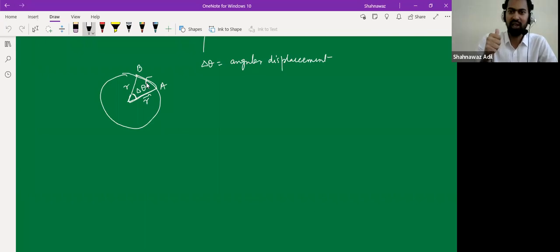The direction that your thumb gives is the direction of the angular displacement vector, right? So the direction of delta theta will be what? Is it out of the board or going into the board? It will be what? Arpit.